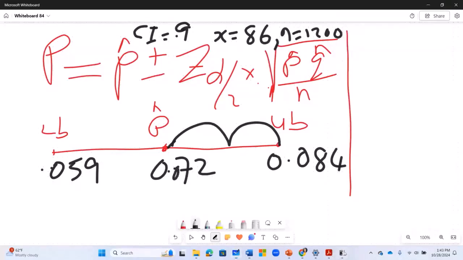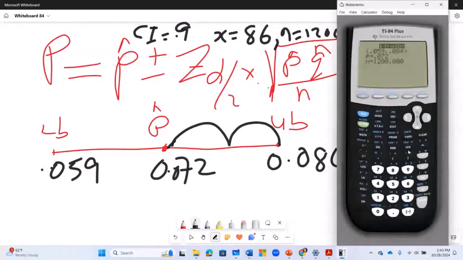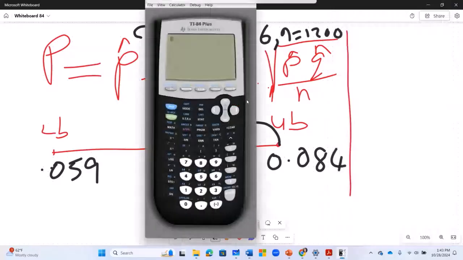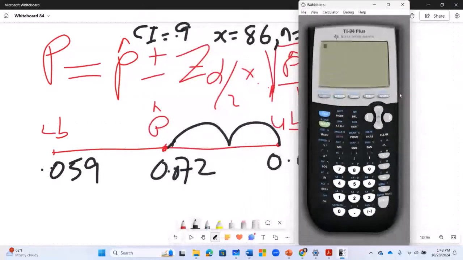What is the distance between the upper bound and the point estimate? The upper bound is 0.084 minus the point estimate, 0.072, and that's the margin of error.